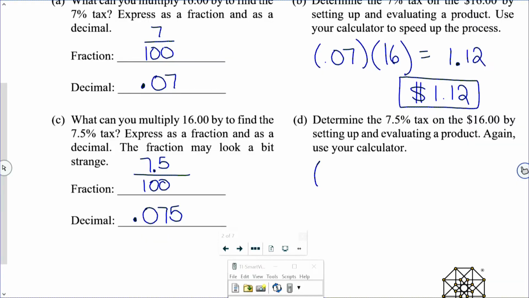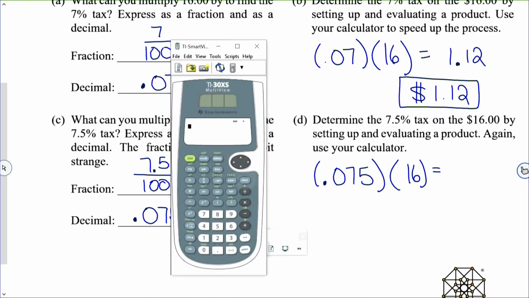So, easy enough. 0.075 times 16. Let's do that on our calculator. Clear that out. 0.075 times 16. Enter. We get 1.2. Now again, keep in mind that we're talking about dollars here. So that's going to be $1.20.